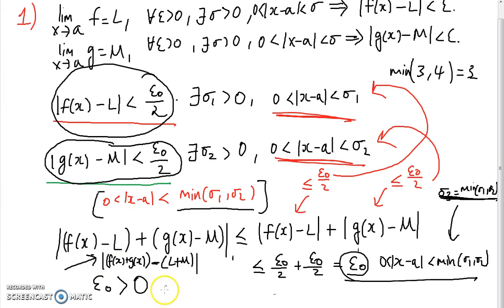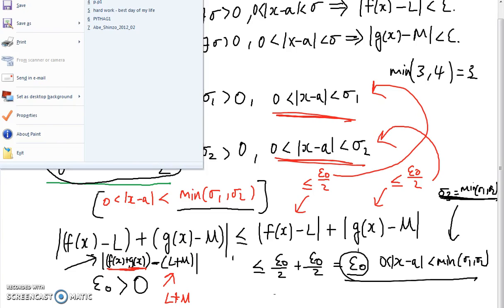Now as per the definition of the limit of a function at a point, given we can make this as small as we like, which we've just proved we can because epsilon 0 is an arbitrary value, the limit of this function, so the actual sum of f(x) and g(x), is in fact whatever this number is, which is just the sum of the limits of these individual functions, so L plus m. Alright, so that's a proof of the first result.